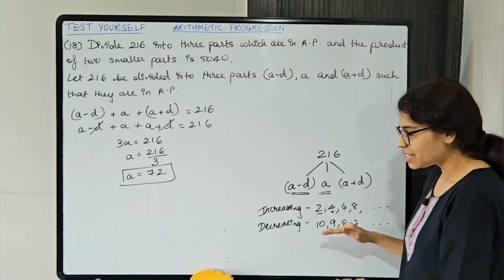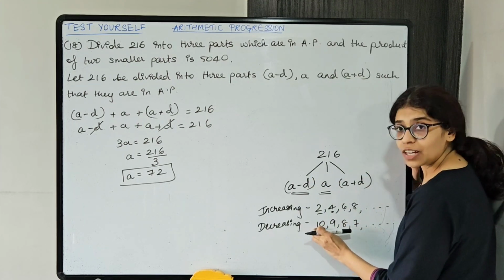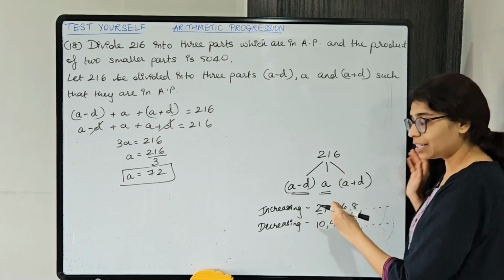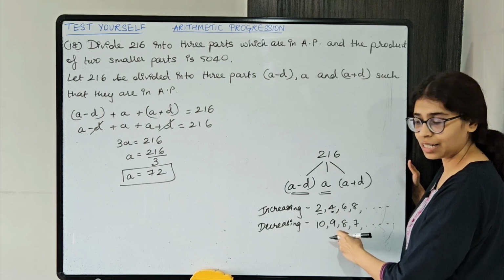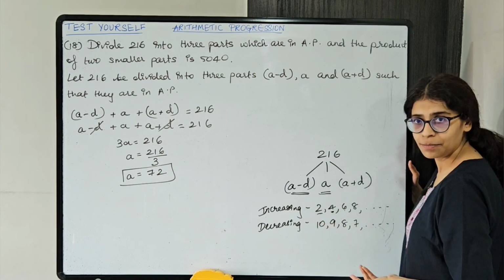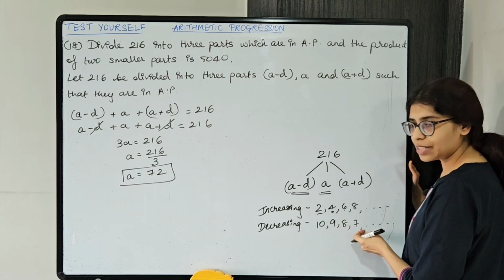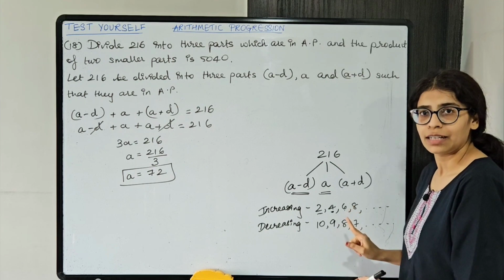Other possibility is decreasing AP. So यहाँ पे जो पहला वाला term है, that will be greater than the other 2 terms. So 10 will be greater than 9. Of course it is greater than 9 and greater than 8 also. Okay, तो 9 and 8 are smaller terms than 10. Same way अगर मैं 9, 8, 7 consider कर रही हूँ, then 7 and 8 are smaller than 9.